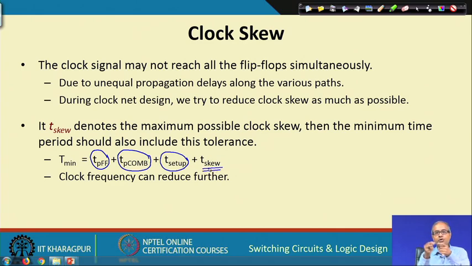We do not know exactly how much the clock skew is, but we know what the maximum clock skew can be, which means for the second flip flop the clock edge might get delayed or might get advanced by that amount. So, you must make provision for that when estimating the minimum time period of the clock. Because of this, the clock frequency can reduce with respect to the case where you are ignoring clock skew. This is the idea.